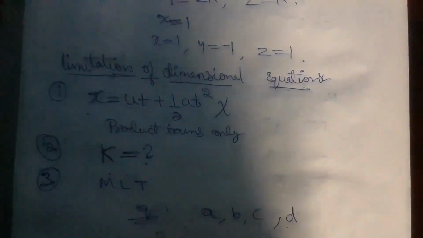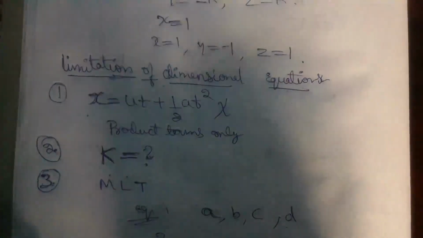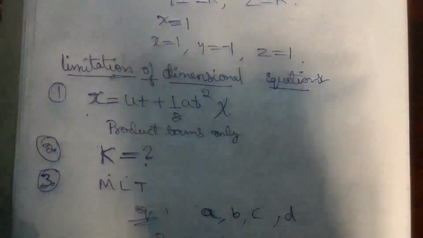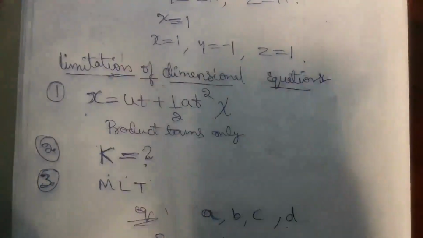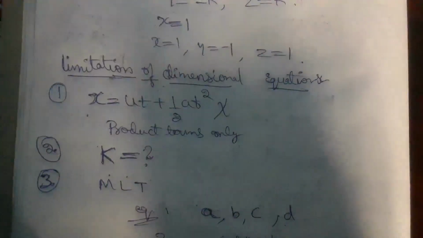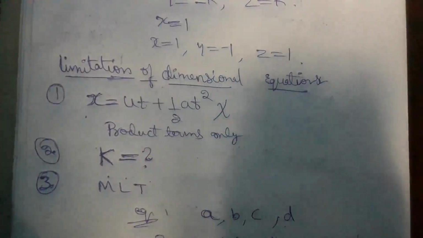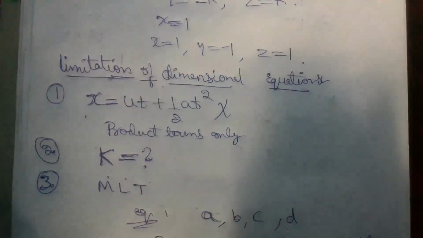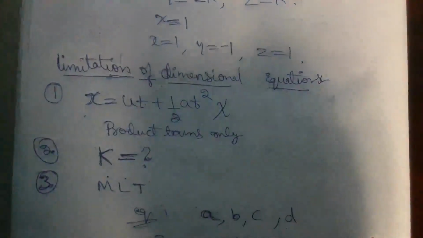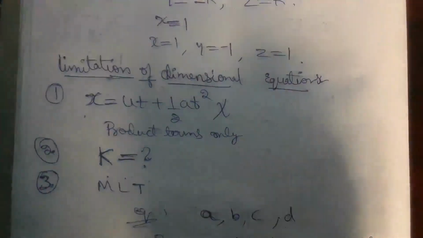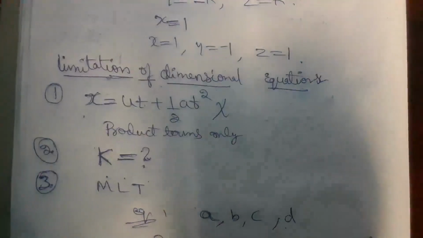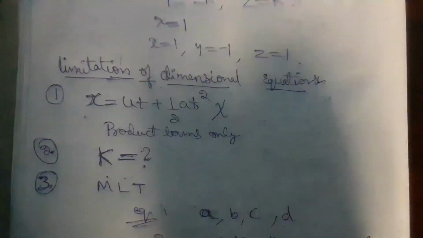If we have only 3 equations, then we should have less than or equal to 3 variables to be able to find the answer. If it is more than 3, we are not able to find the solution.